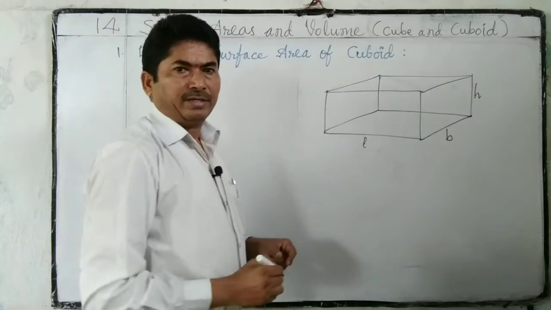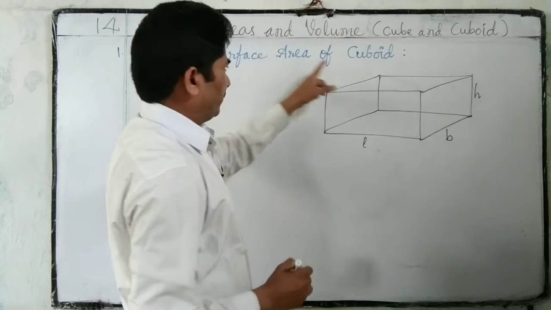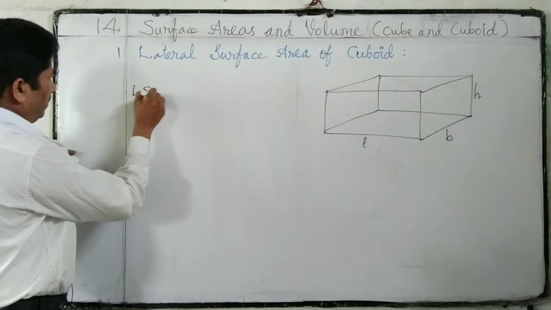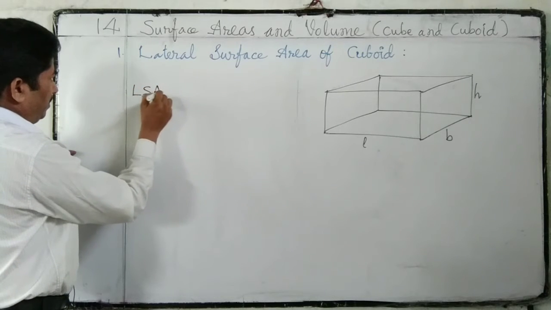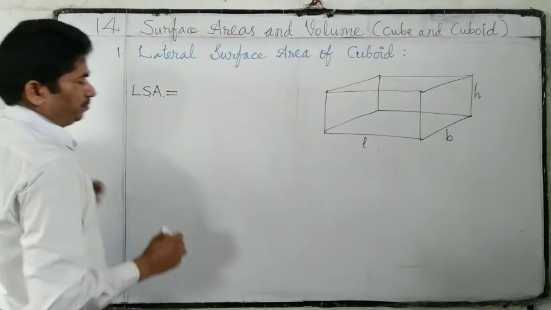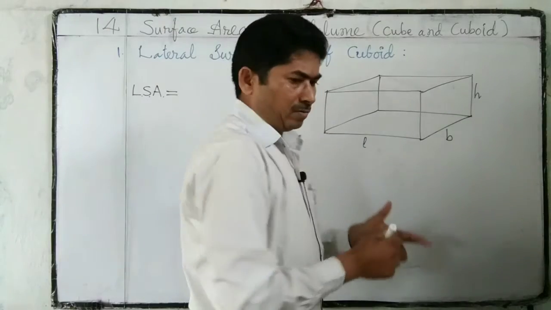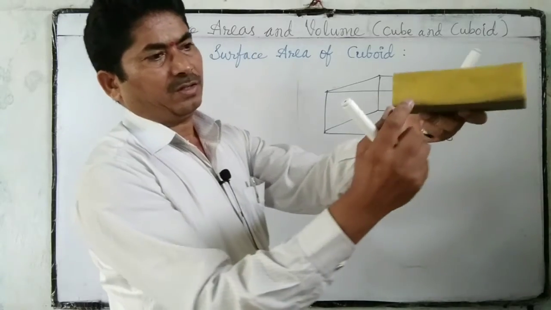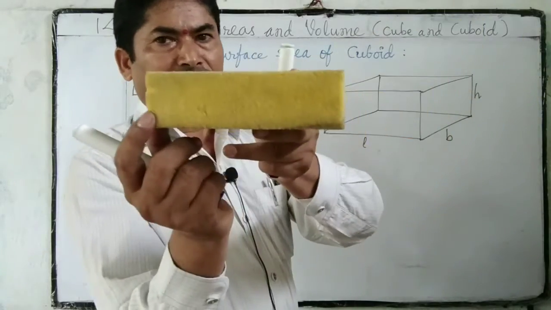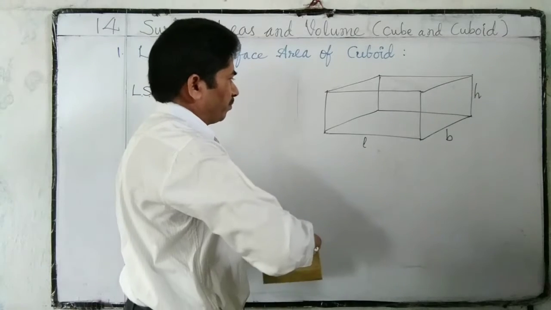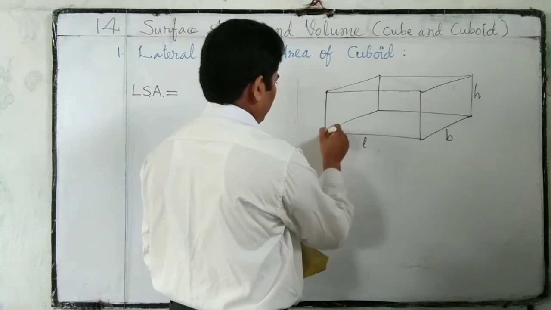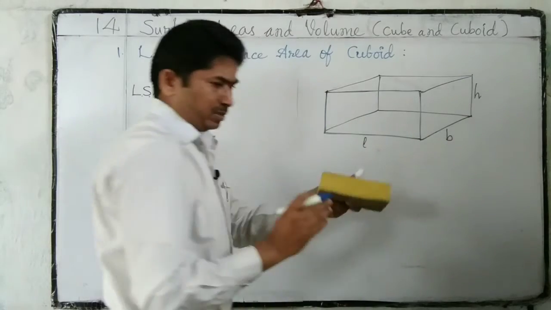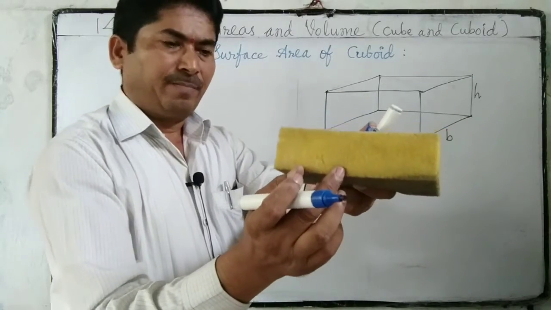Let us calculate lateral surface area of a cuboid, LSA. LSA is equal to, first this is one lateral surface area. This is a rectangular shape.